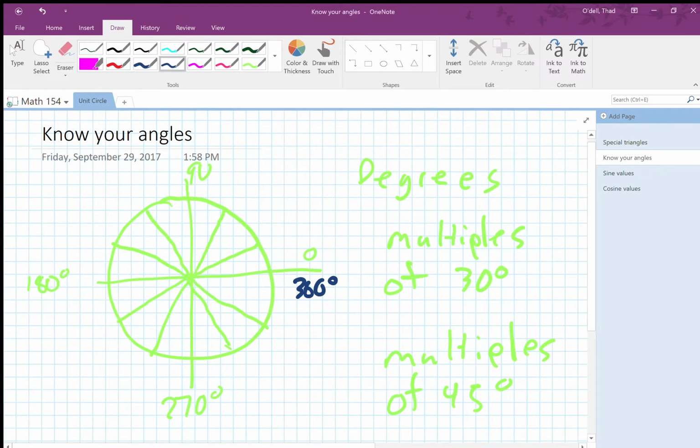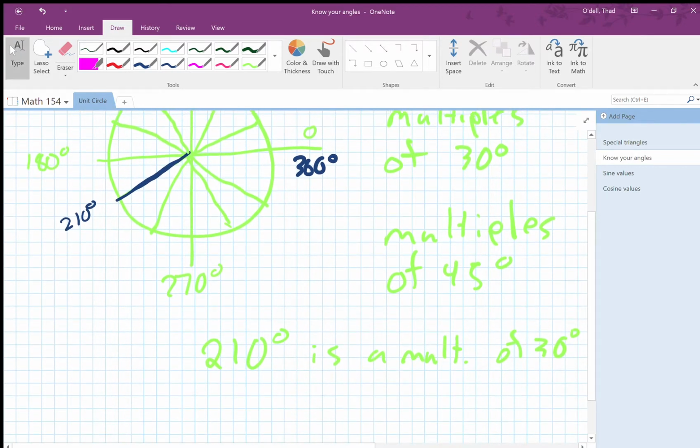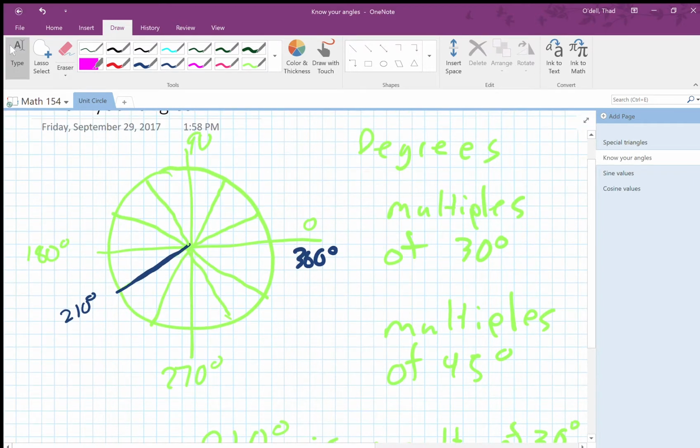So when I think 210, I want to know where 210 is. Well, 210 is a little bit past 180, so that would be 210 right there. Or if I'm asked to find 150 degrees, that is a little bit short of 180, so 150 would be 30 back from 180, right there.